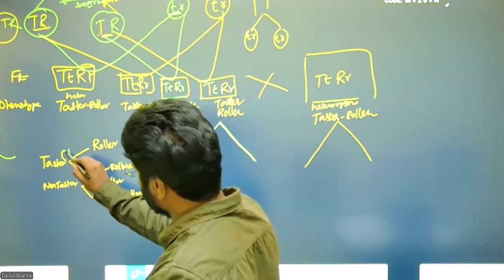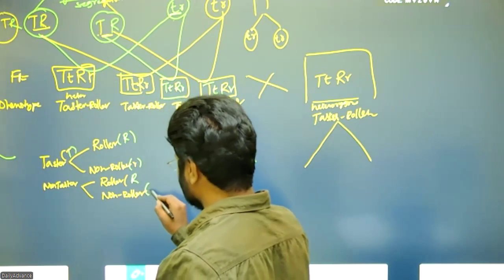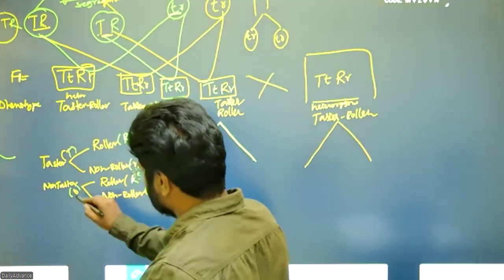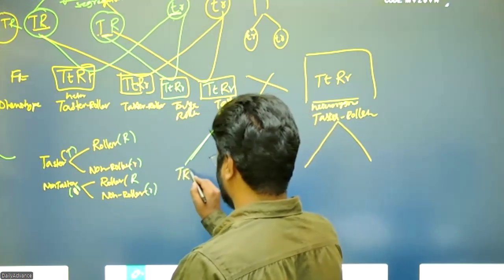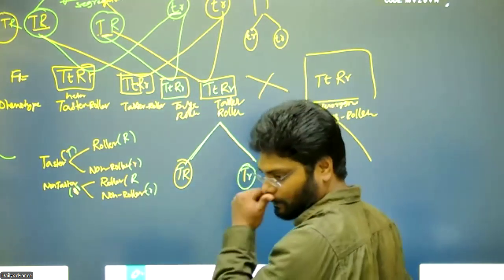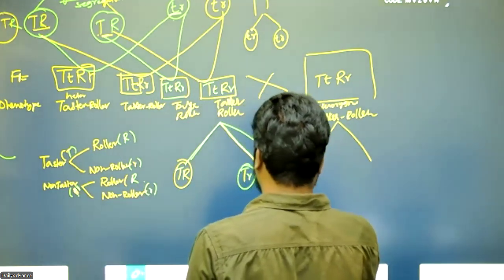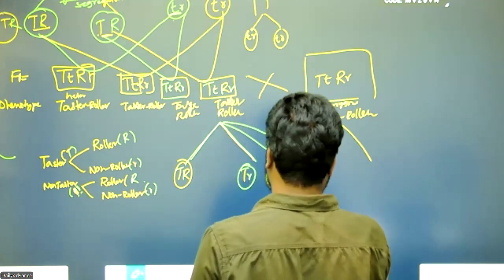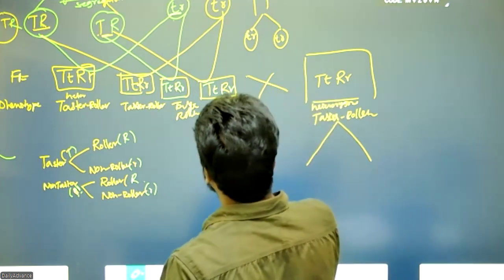Here capital T, roller means capital R, non-roller means small r. So capital T capital R, capital T small r, small t capital R, small t small r. Four gametes are possible from here.